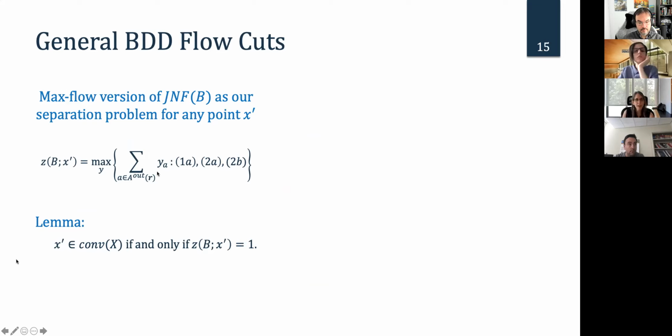The main idea is that we want to solve a max flow problem over this network flow model that we have. The problem is very simple. It's basically the same constraints that we had before, but we remove the constraint that said that the flow had to be equal to 1. Instead, we say that we want to maximize the flow.